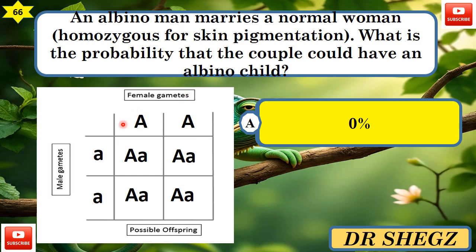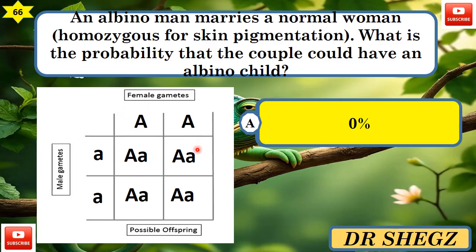Of course, the small a, we use it to represent the albino man. Remember, it is an autosomal recessive trait. So we have a small a, and since the normal woman is homozygous for skin pigmentation, we have big A to represent the normal gametes.